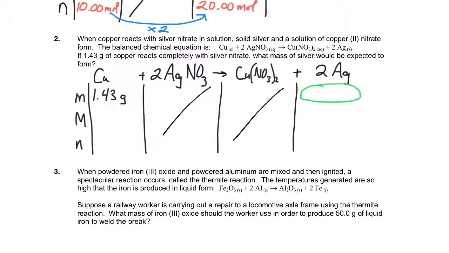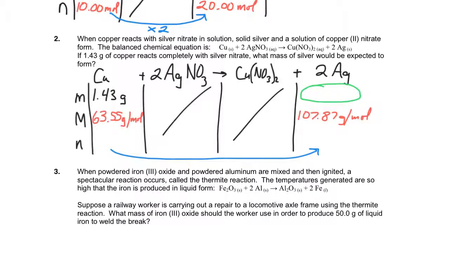So my goal right now is to start with what I know, which is the mass of copper, use it to figure out the moles of copper, use that to figure out the moles of silver, and then calculate the mass of silver. So start by finding your molar masses. The molar mass of copper is 63.55 grams per mole, and the molar mass of silver is 107.87 grams per mole.